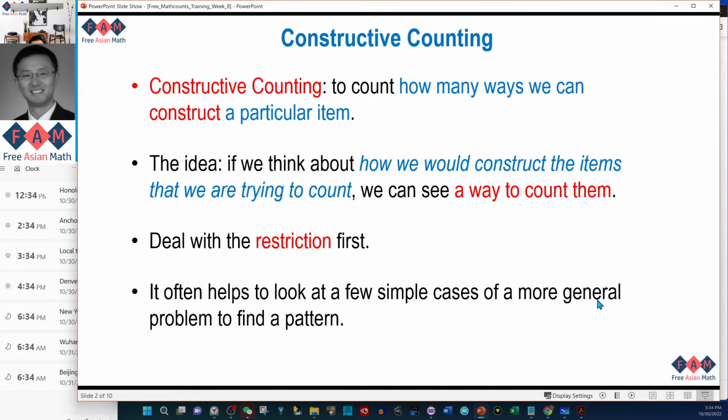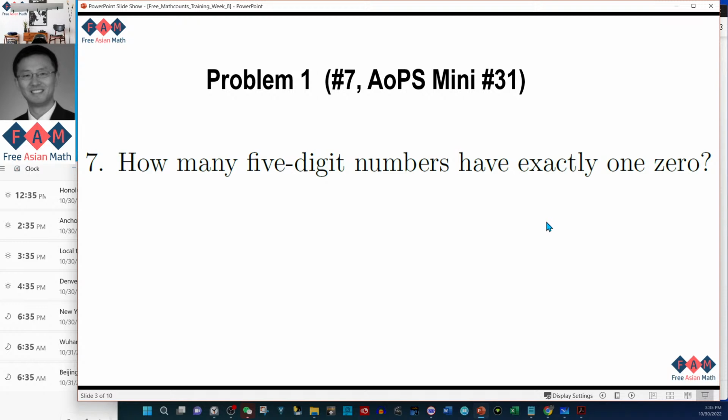This is generally true for all kinds of counting techniques. You deal with smaller numbers to get some intuitive ideas. So without further ado, let's do some real problems.